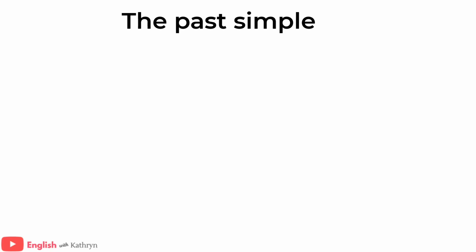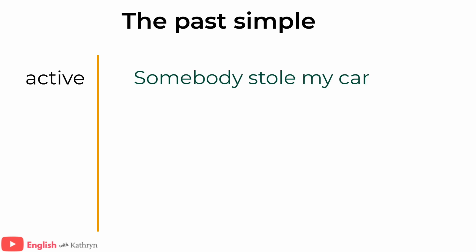Now let's try the past simple, which is probably one of the most common uses of the passive form, because they use it a lot in the news when something happened in the past. So this one is very important. Somebody stole my car. Pause the screen and put this active sentence into the passive form.